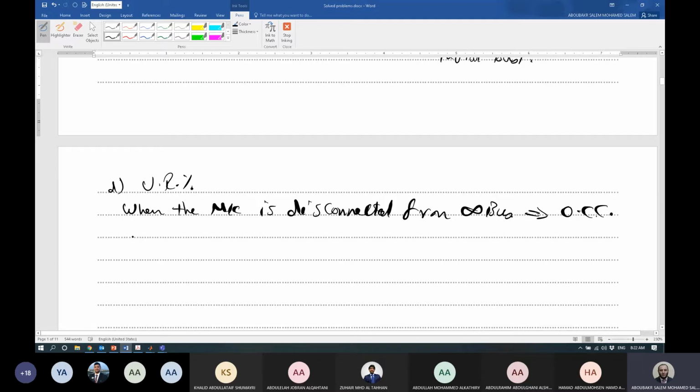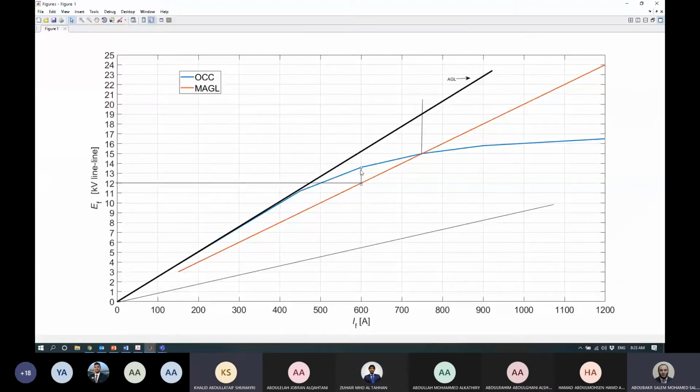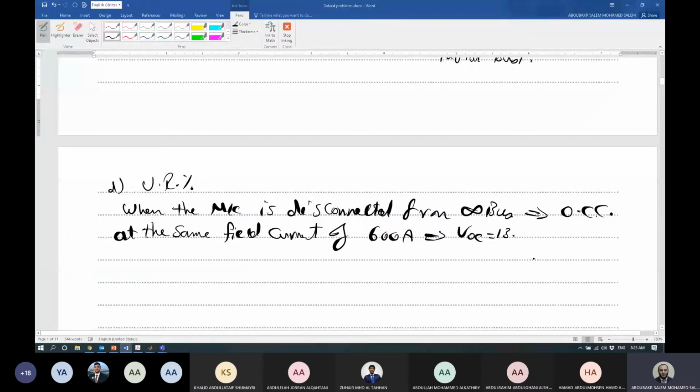So at the same field current of 600 ampere, the V open circuit equals, as we said, approximately 13.6. When you plot it to scale, you can easily get this value.